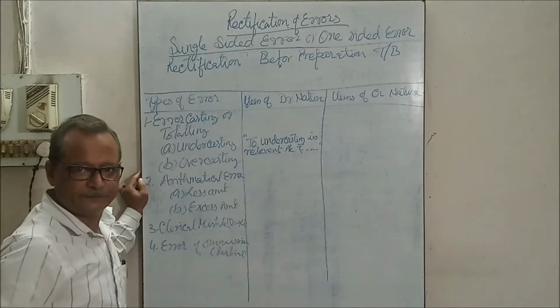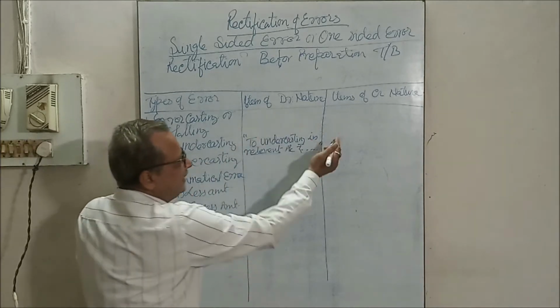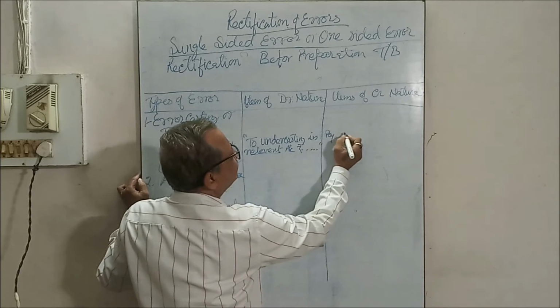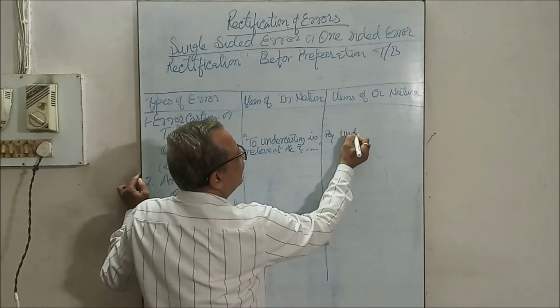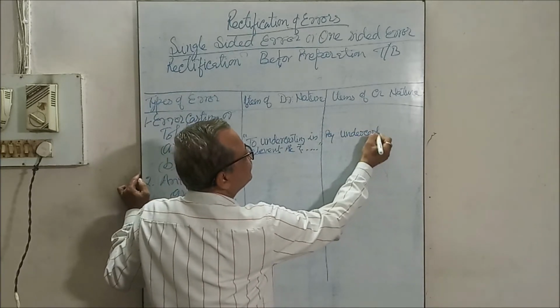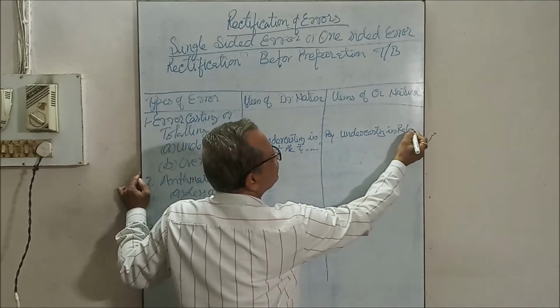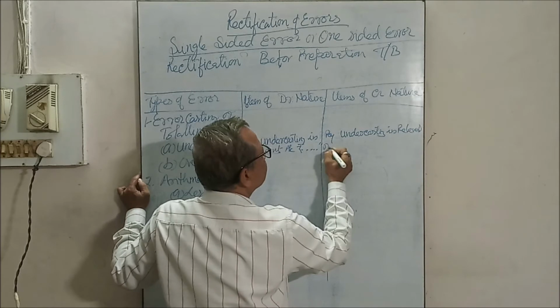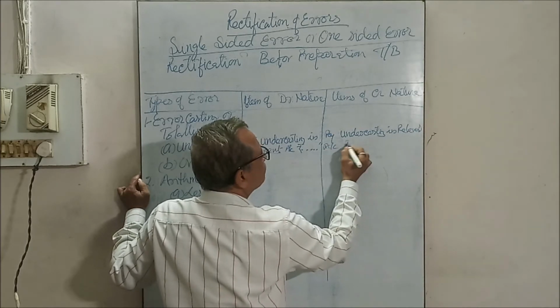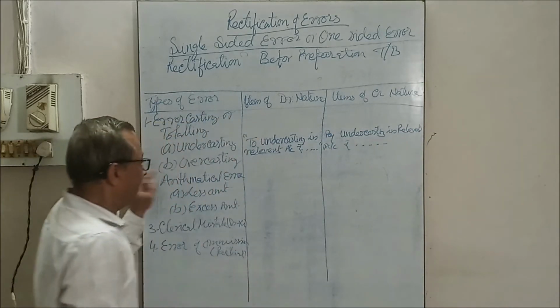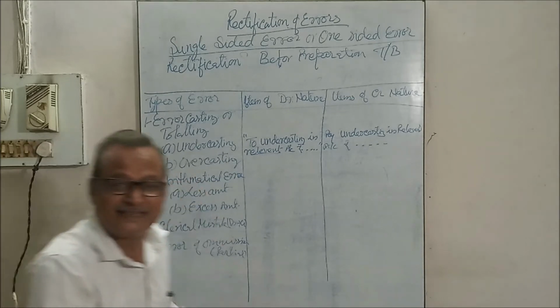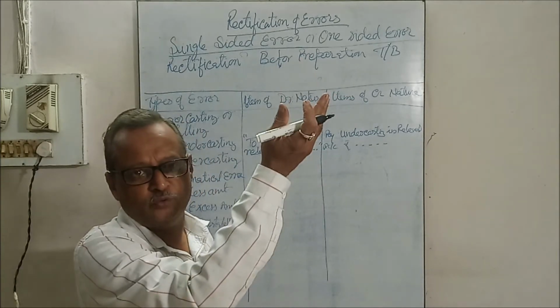Now it is corrected. In the credit item, you write By undercasting in relevant account. If overcasting, meaning the debit side is more, then what do you do?